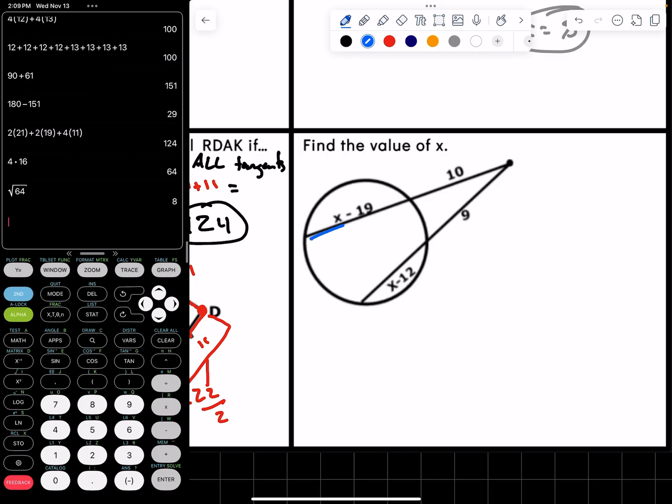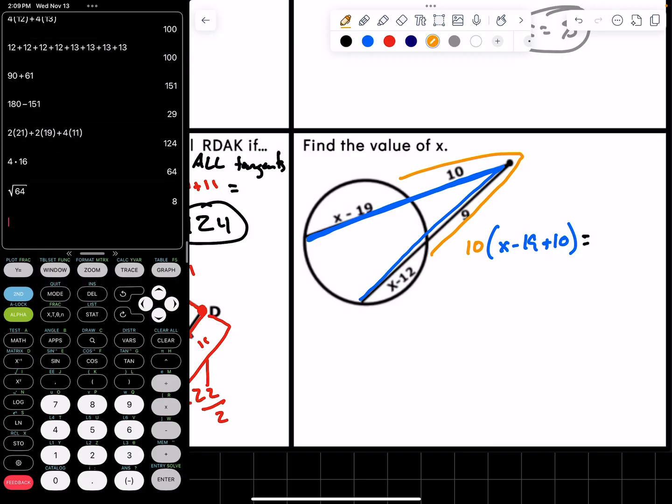This one's going to be a little bit trickier. So we have our whole pieces. Remember, we're going to need to add those up. We've got our external pieces. I say that because it's easy to forget that. So let's pay attention. We've got 10 as our external piece. Our whole piece, we've got x minus 19, but we have to add 10 to it because that is a part of our whole piece. We have this entire length, okay?